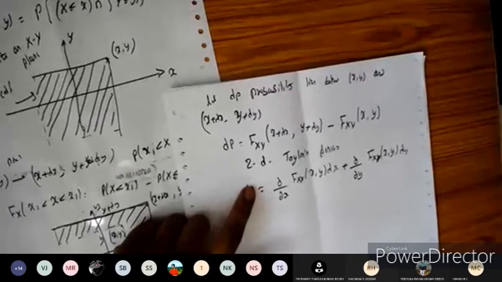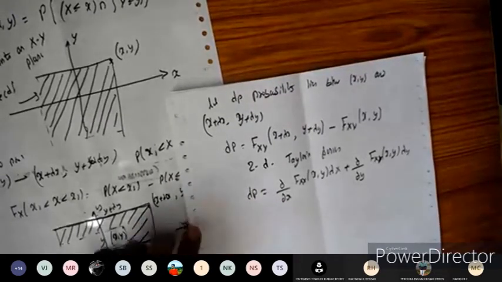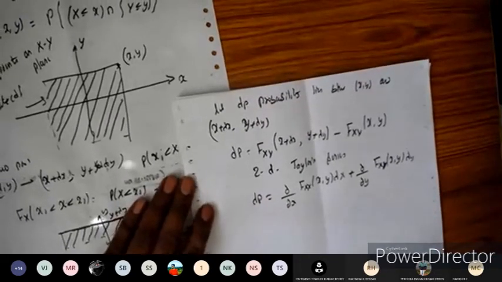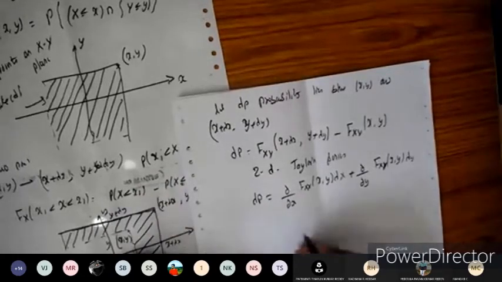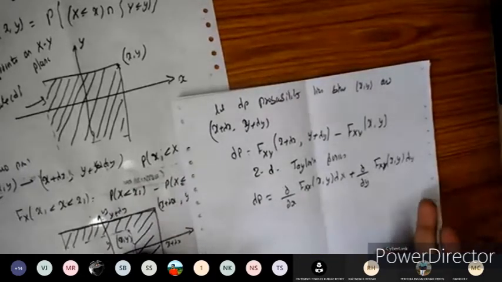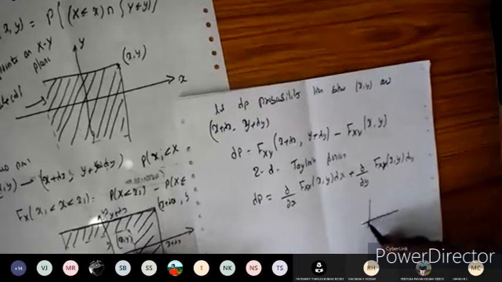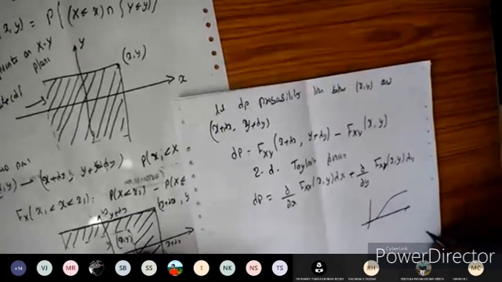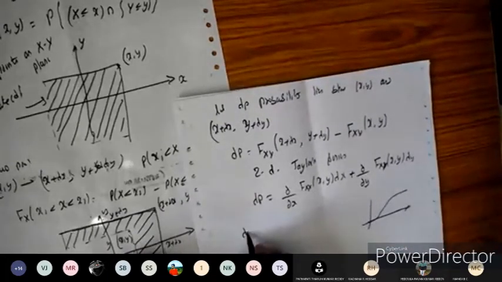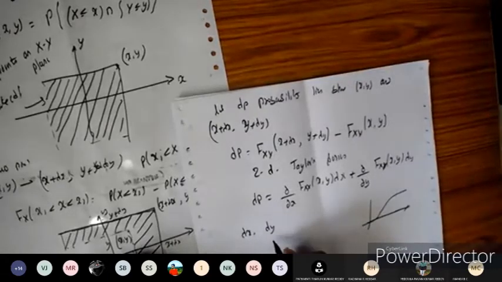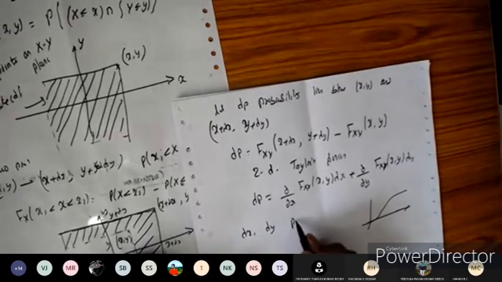And one of the properties of the CDF we saw in the first module is that F_X of x is non-decreasing in x. Non-decreasing means F of x always increases. Here also, the differentials dx and dy are considered positive values.